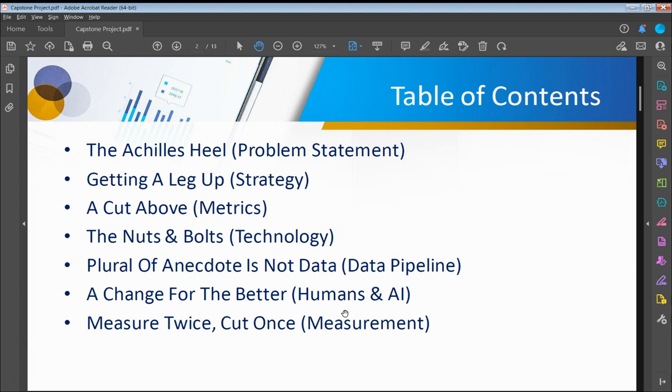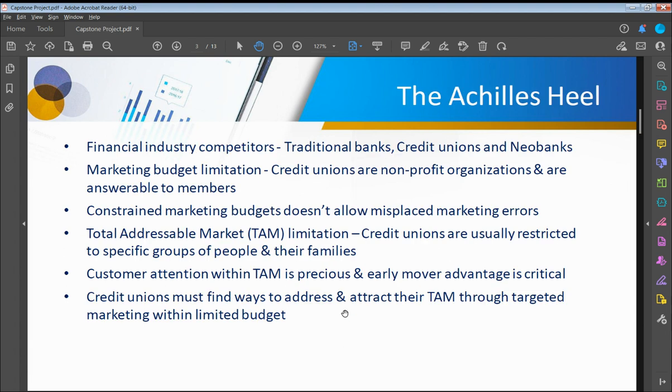Okay, so with that, I'm going to move on to the next slide, which talks about the problem statement. Now, credit unions in the financial industry have regular competitors, who are the traditional banks, the big banks. They have a million dollars of funds available at their expense to create new products for the customers.